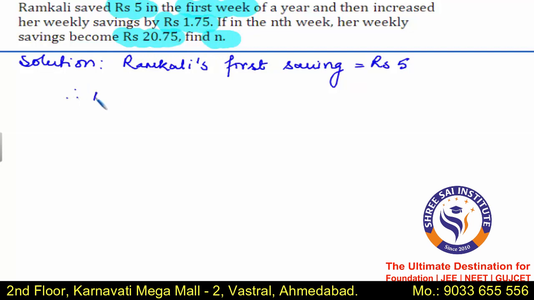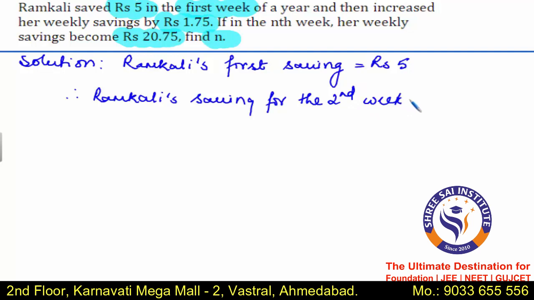Therefore, Ramkali's savings for the second week is equal to rupees 5 plus 1.75, and this is equal to rupees 6.75.